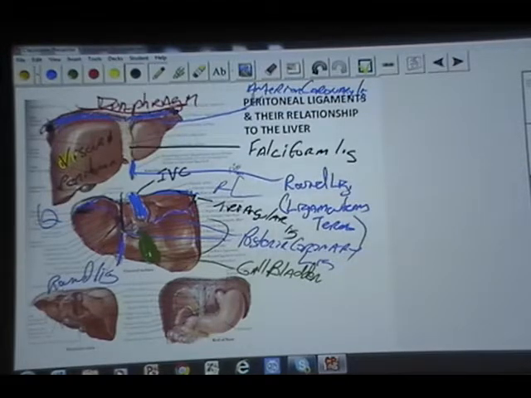So now it's a remnant, and it's called the ligamentum venosum.